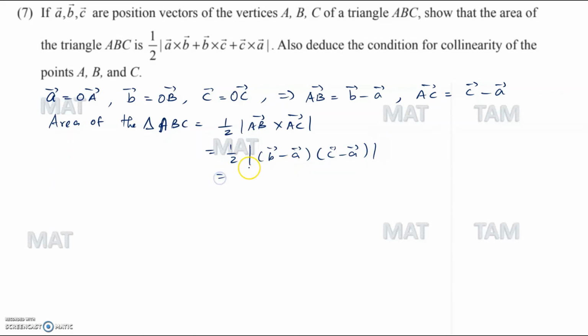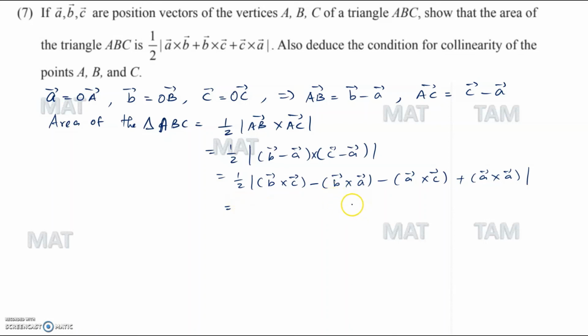So further expanding the cross product here, you get B cross product with C minus B cross product with A minus A cross product with C plus A cross product with A, magnitude.